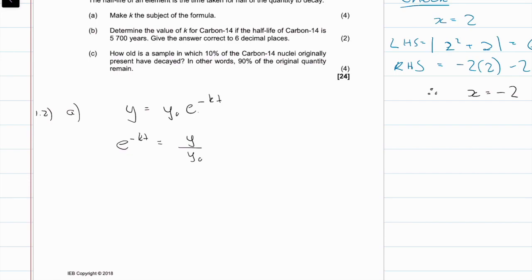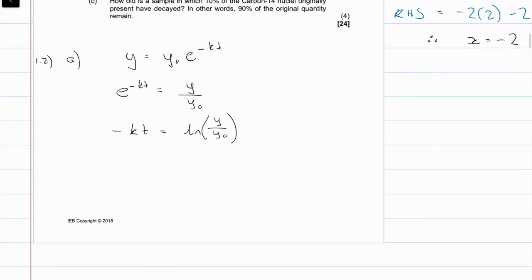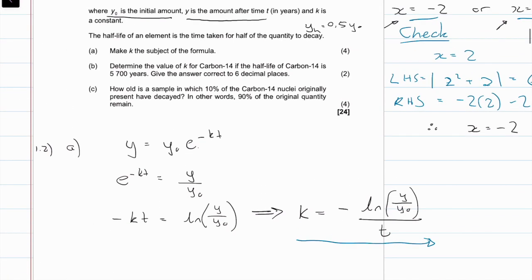I'm going to ln both sides, so I'm left with minus kt is equal to ln y over y naught. So I want to solve for k as my subject. So k is going to be equal to minus ln of y over y naught divided by t. Okay, and that is my final answer, and we get a nice 4 marks for that.